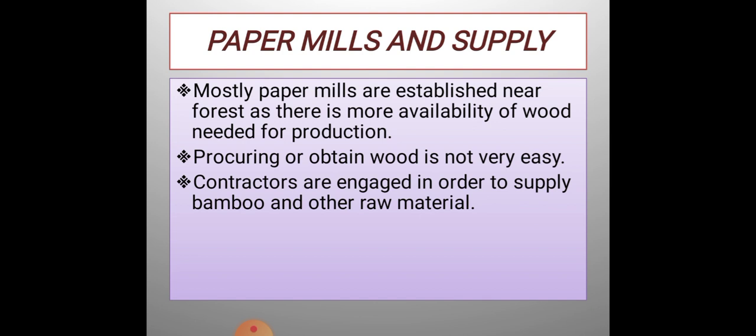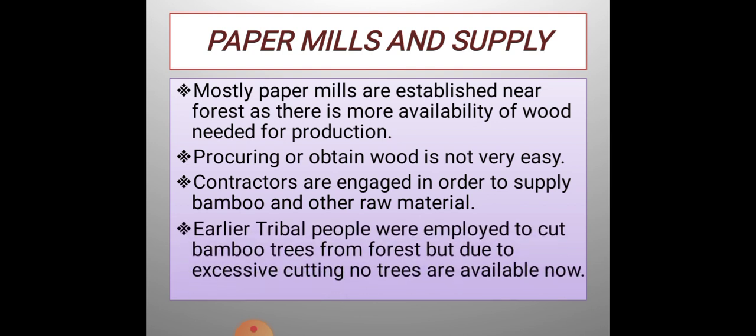But getting it is not easy nowadays. Because of heavy usage, as we have been using paper more and more, so many trees are being cut down, and now the natural resources are disappearing.